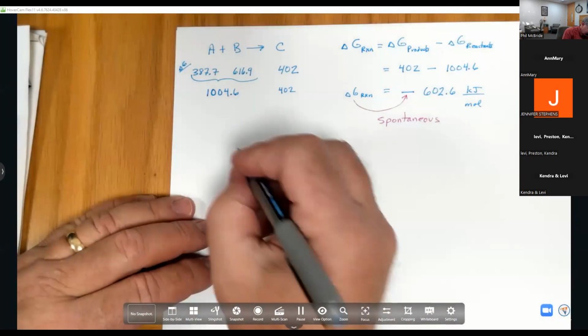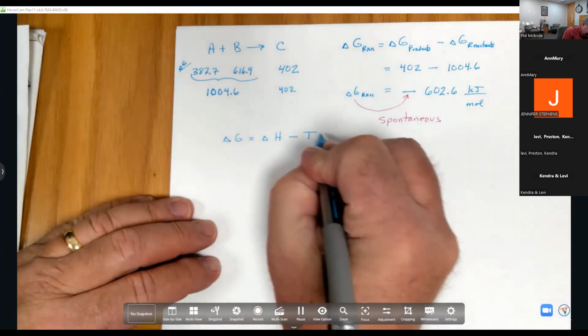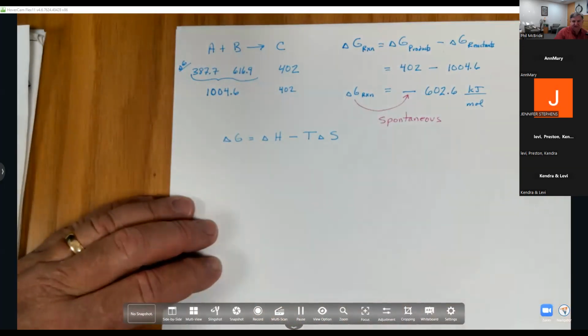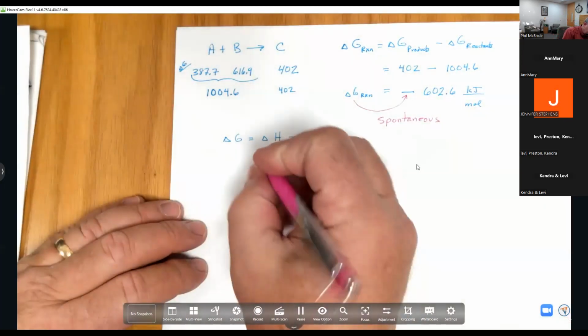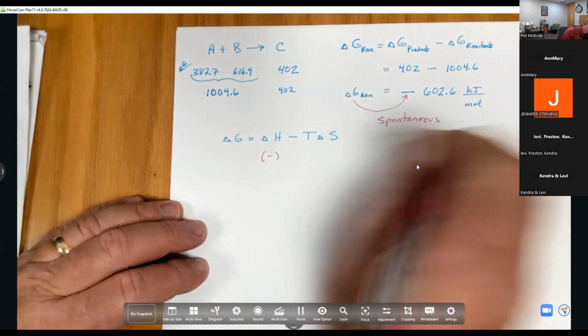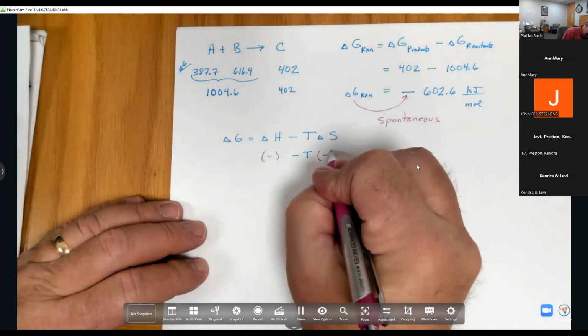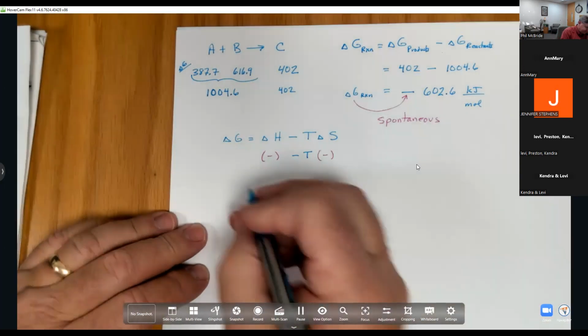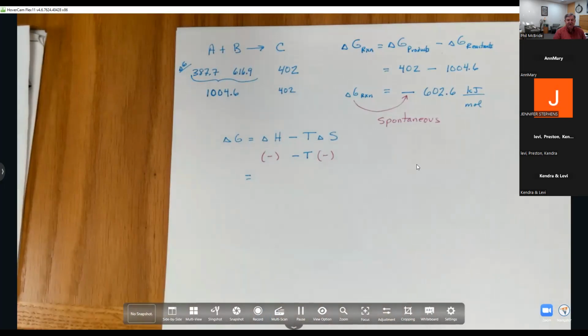Now let's look at that equation. Delta G equals delta H minus T delta S. And let's see, what does this problem say? Delta H and delta S are both negative. So delta H is negative, and delta S is negative. If you have a negative and a positive, which one wins?